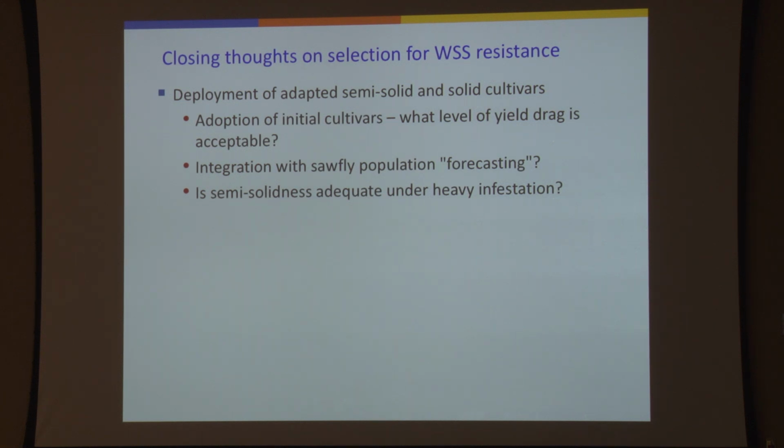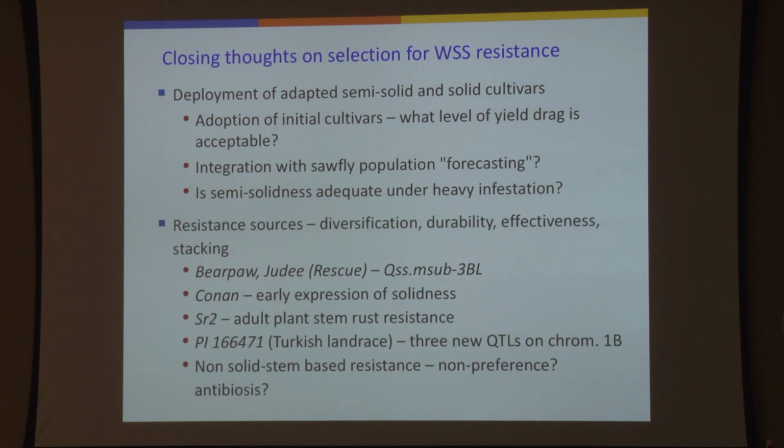Integration with sawfly population forecasting, if there could be some way of forecasting how serious the problem was going to be, it could influence a farmer's decision. And is the semi-solidness sufficient under a heavy infestation? Resistant sources, diversification, durability, effectiveness, stacking, those are all principles that Scott is following.